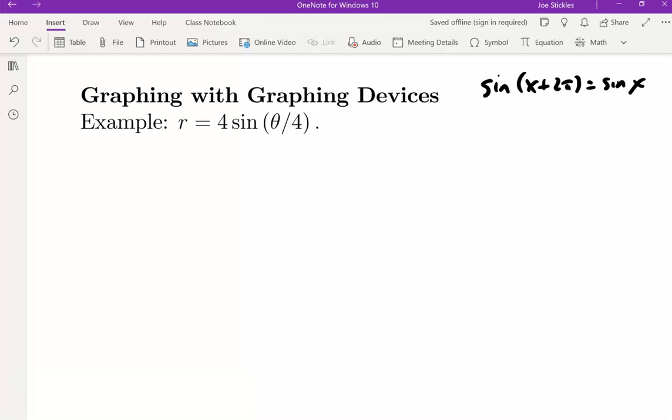So thinking over here of what we would need, I want these coterminal angles with theta to match back up with what we started with. So we would want something to be theta plus some multiple of 2 pi to end up back where we started.